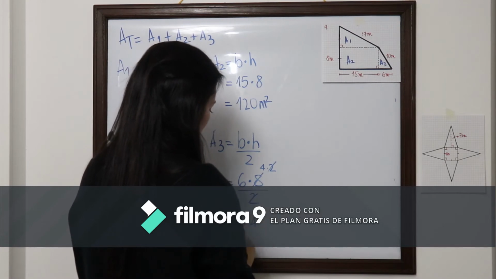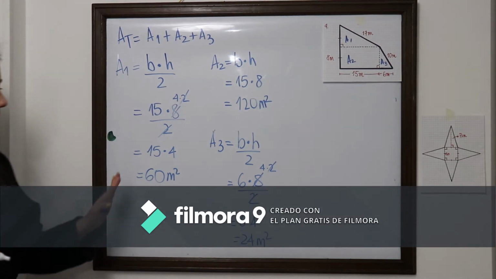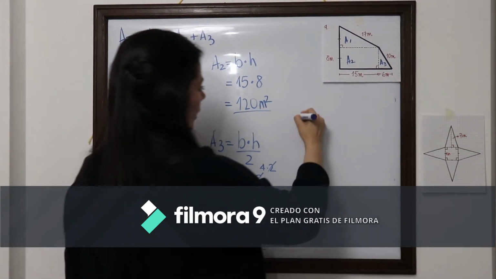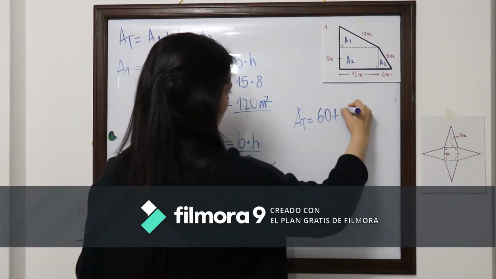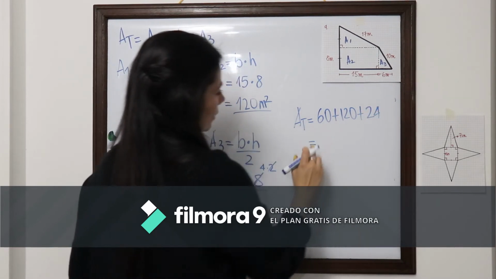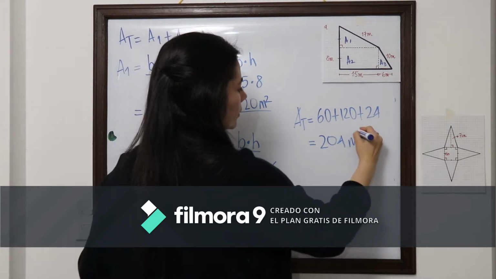And 6 times 4 is nothing but 24 square meters. See? I have 1, 2, and 3. Now we're just gonna get the total area, which of course is gonna be 60 plus 120 plus 24. And so that is gonna get me 204 square meters.